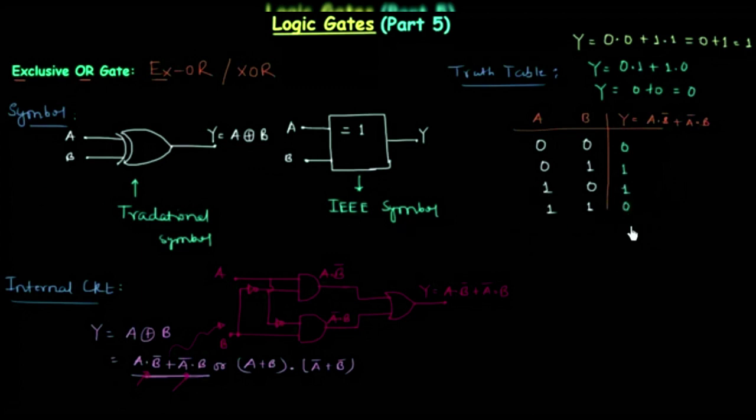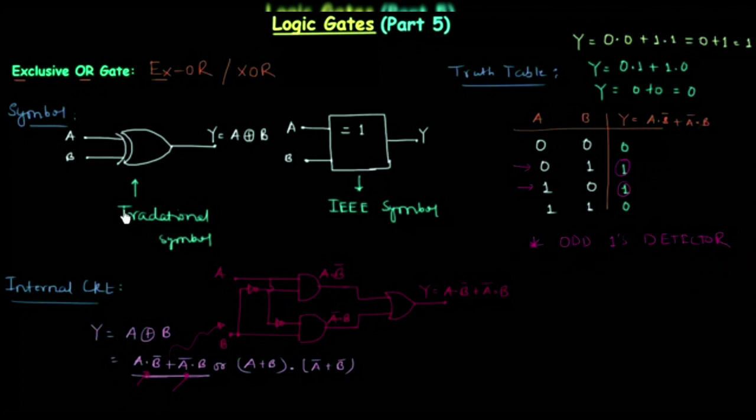Now you can clearly see in this XOR truth table, the output is high when we have an odd number of ones. In both these cases, we have a single 1 which is odd, and when we have an even number of ones, the output is low. And because of this, we call XOR gate the odd ones detector.